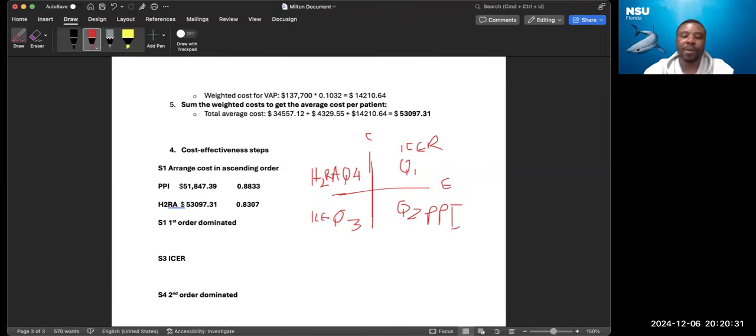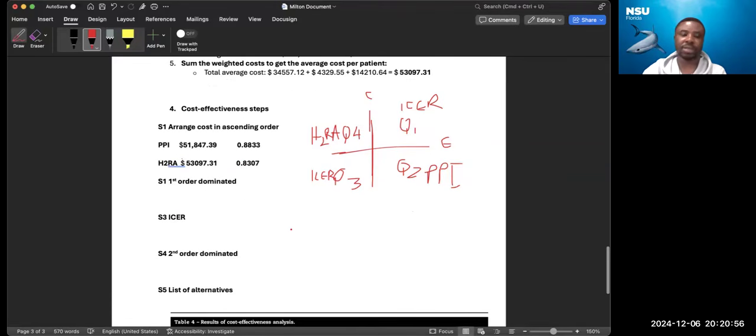But quadrant 2 is dominant, and quadrant 4 is dominated. It is dominant because the PPI is less expensive, more effective. So you pay less and then you get more. For the H2 array, you pay more and then you get less. So it is quadrant 4.